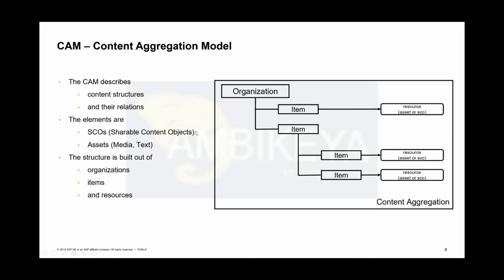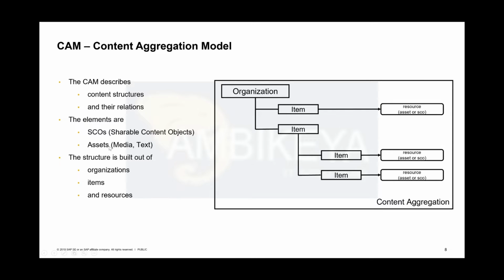The most important attribute of an SCO is it must make sense. It's not as granular as a paragraph of text or a single image. That standalone would just look nice, but would tell no story around knowledge creation.